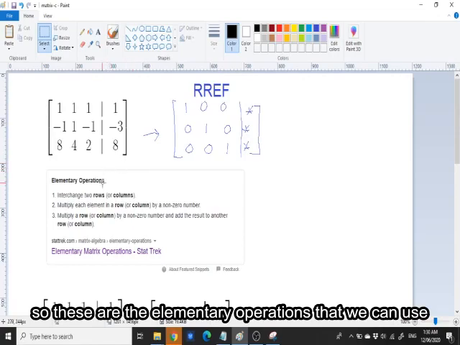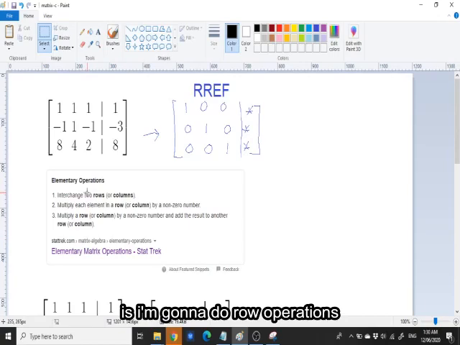These are the elementary operations that you can use. What I'm going to do is row operations. So what are we allowed to do? First, we can interchange 2 rows. For example, we can interchange the first row and the second row, to switch or swap. Second, you can multiply each element in a row or column by a non-zero number.